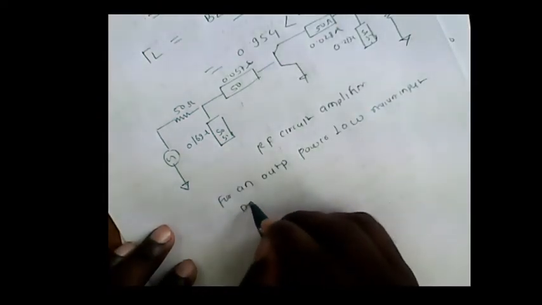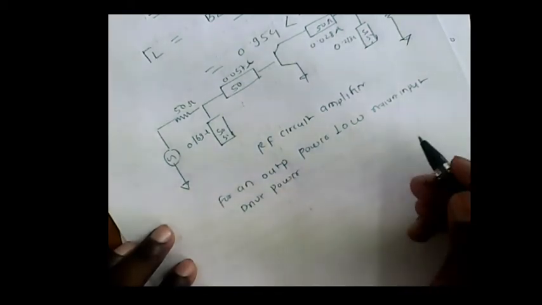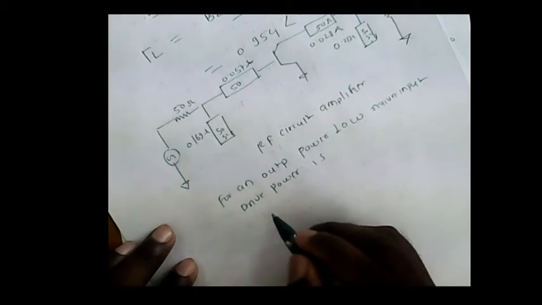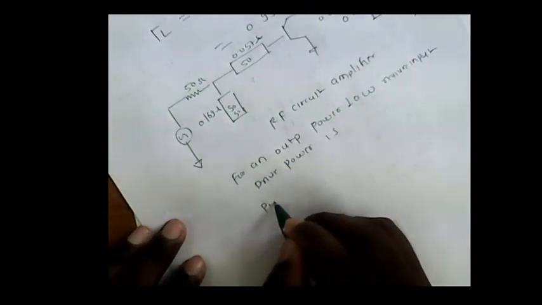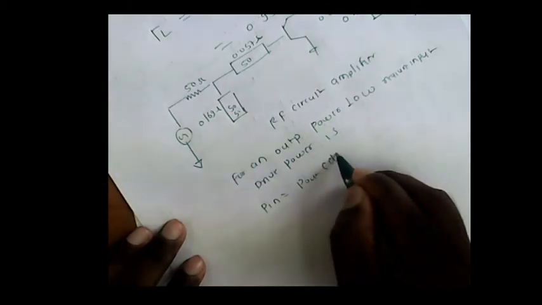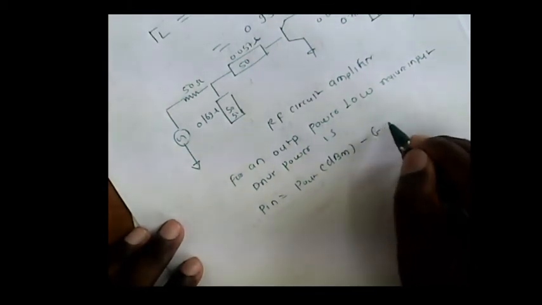Then the required input drive power is given by P in equal to P out in dBm minus gain in dB.